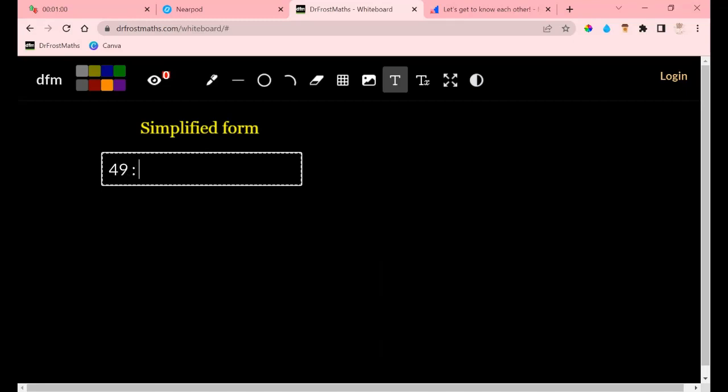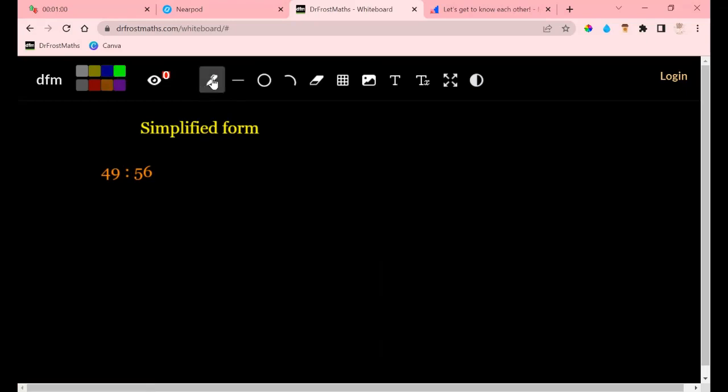49 to 56. You got a ratio like this, okay? This can be in any unit. Perhaps this is the amount of orange juice and water in a certain juice.